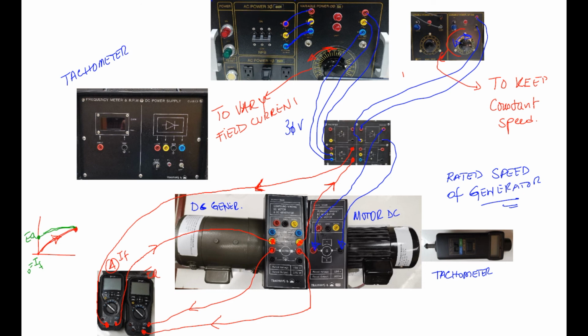This red one, we can use either from the generator or the motor. Let's take it from the generator. So this will be connected to red here to supply our tachometer, and ground to the ground here. Okay, and the input here, which is the speed itself.